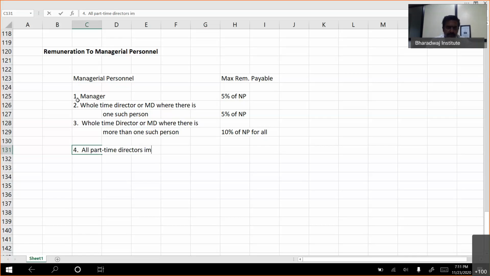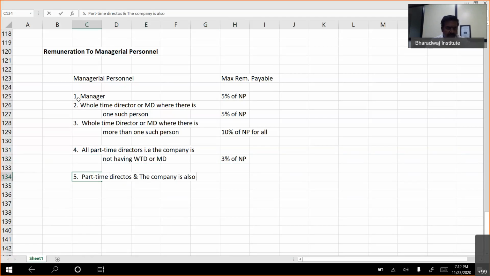Number 4, all part-time directors, where the company is not having a whole-time director or managing director: 3% of net profit. Number 5, there are part-time directors and the company is also having a whole-time director or managing director: then it is 1% of net profit for the part-time directors.